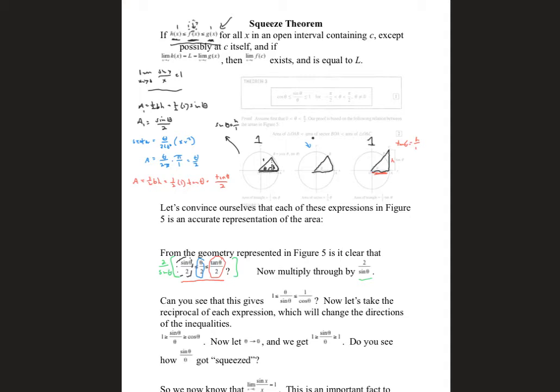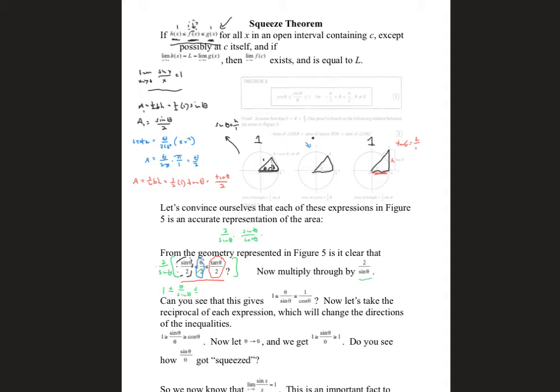So on the first one, when we multiply 2 over sine theta times sine theta over 2, that's going to be just 1. We still have less than or equal to. Now when we multiply the 2 over sine theta times theta over 2, we can cancel the 2's and we'll get theta over the sine of theta. And on the last one, we take that 2 over sine theta times tangent of theta, which remember is sine theta over cosine theta.